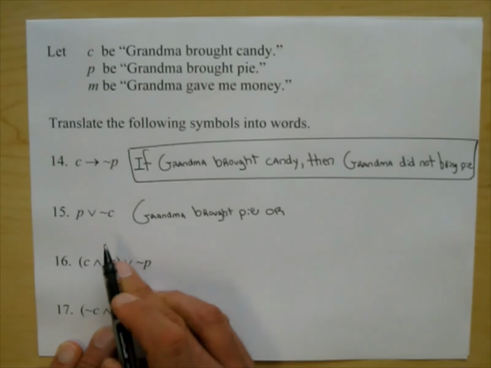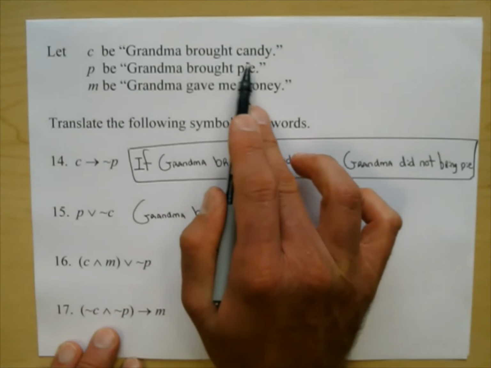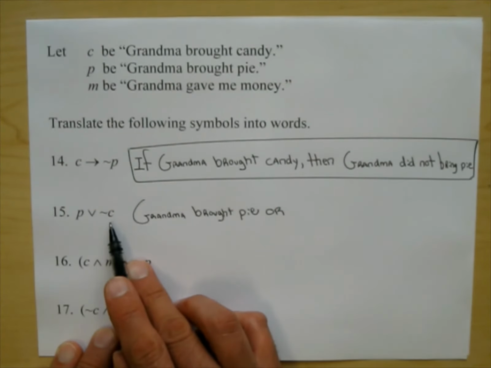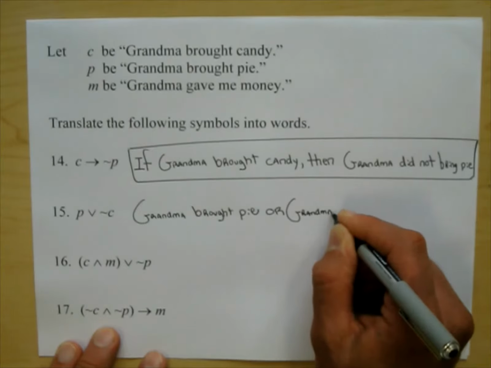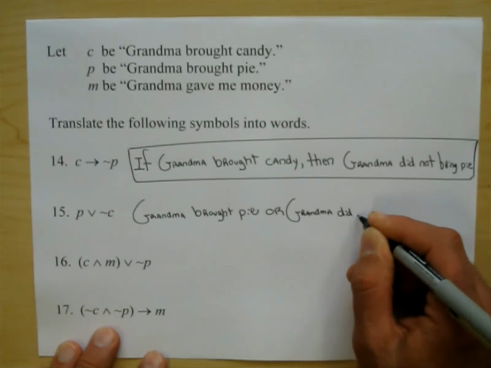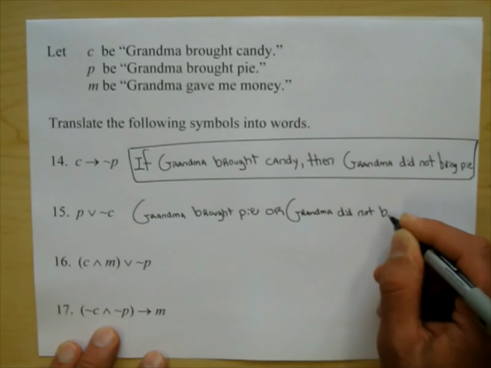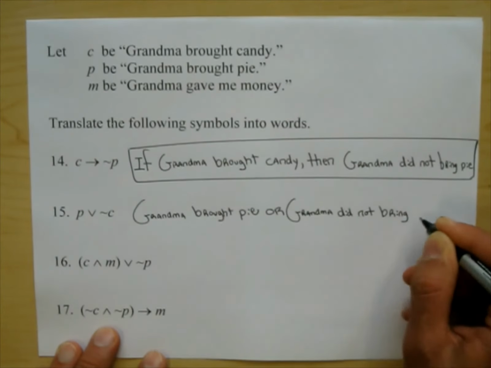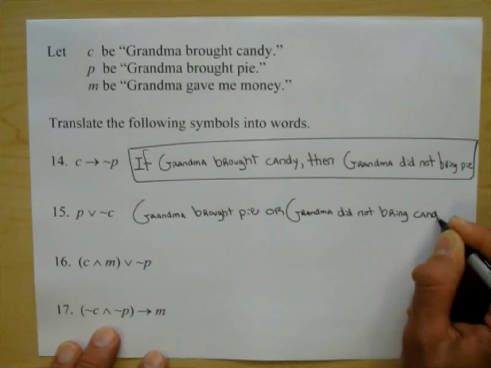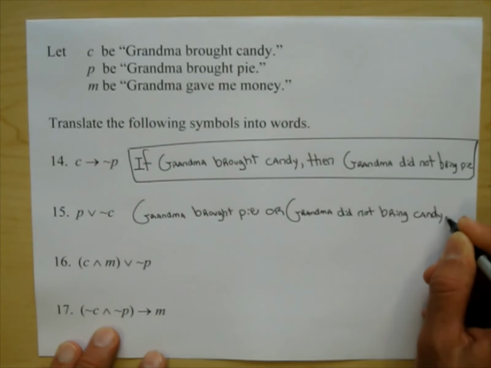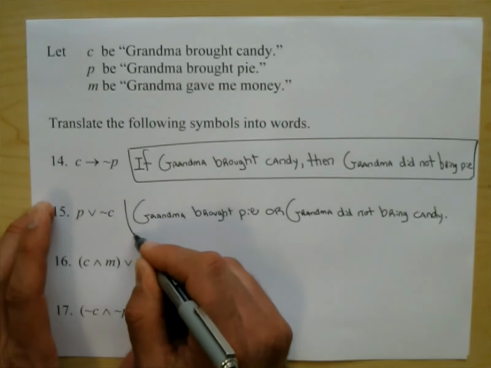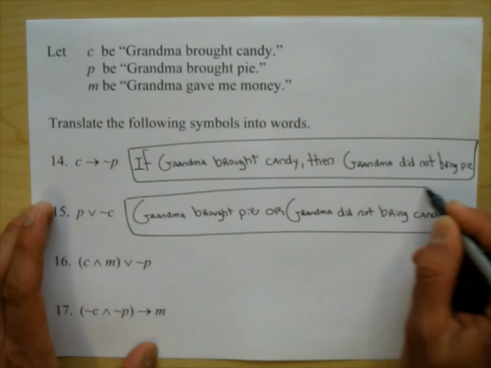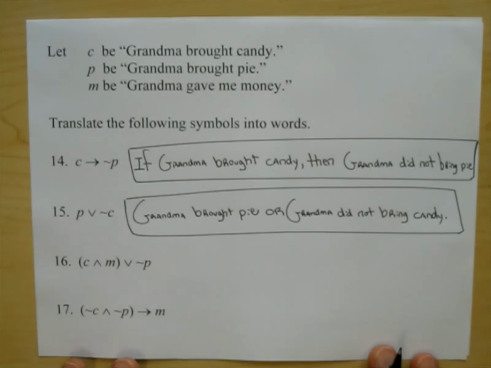Or, and then this is not C. So C is Grandma brought candy. This not C is going to be Grandma did not bring candy. Well, you could actually say didn't if you like, but I went ahead and just spelled it all out here without a contraction. There's the answer to that.